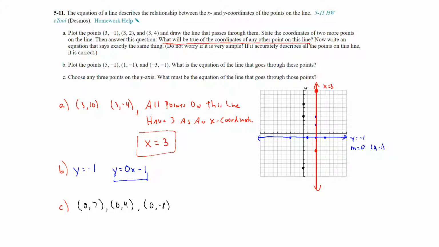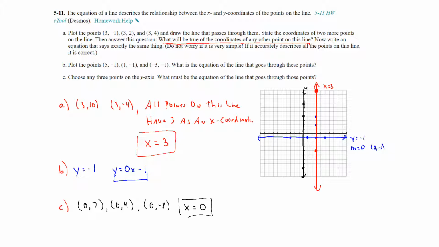What must be the equation of the line that goes through these points? So once again, look at your x values. They're all 0. This is also a vertical line like the red one next to it. And so we would write the equation as x is always equal to 0.